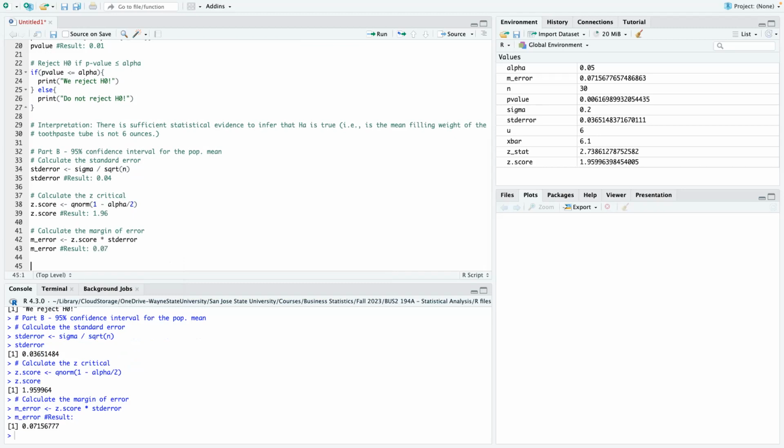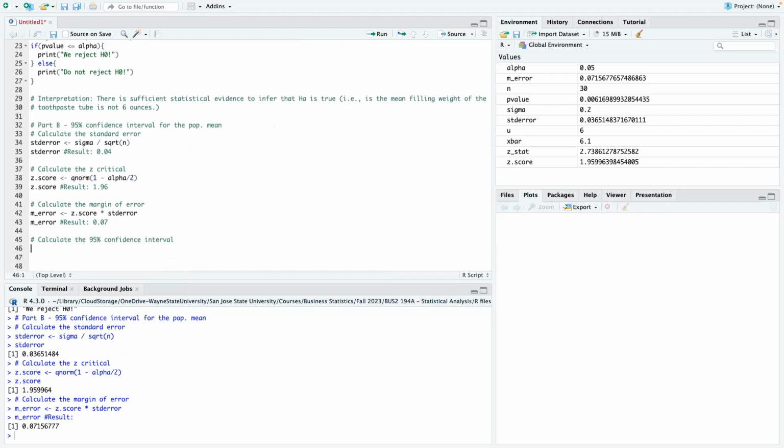Okay, that's our margin of error. And then finally calculate the 95% confidence interval. So I could just say lower bound, right, which is LB, would be X bar minus the margin of error. And then the upper bound, which is UB, is X bar plus margin of error.